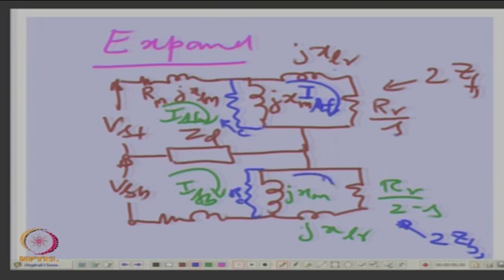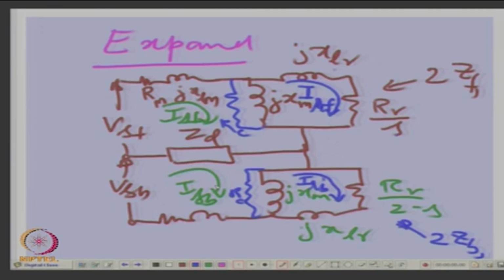Similarly, this will be IRB. These are the rotor currents due to the backward field. It is the flux which induces the voltages and currents in the rotor, not the MMF.